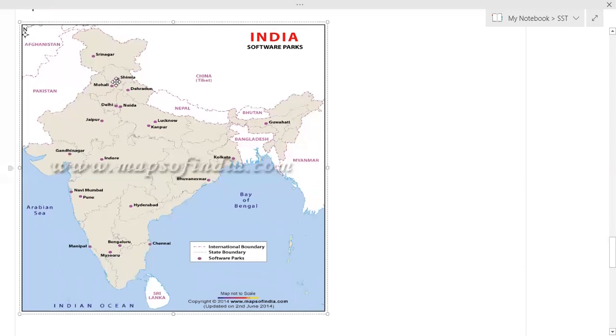Then in Himachal we have Shimla, Dehradun, Punjab, Mohali, Delhi, Noida, Lucknow, Kanpur, Jaipur, Gandhinagar, Indore, Navi Mumbai, Pune, Manipal, Mussoorie, Bangalore, Hyderabad, Chennai, Bhubaneswar, Kolkata, Guwahati. So you should keep this in your mind. All these things are very important.